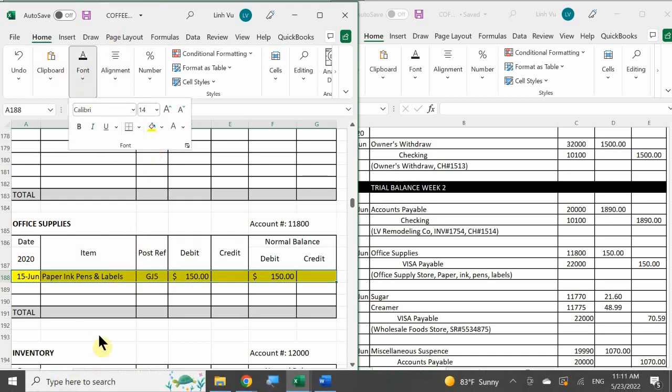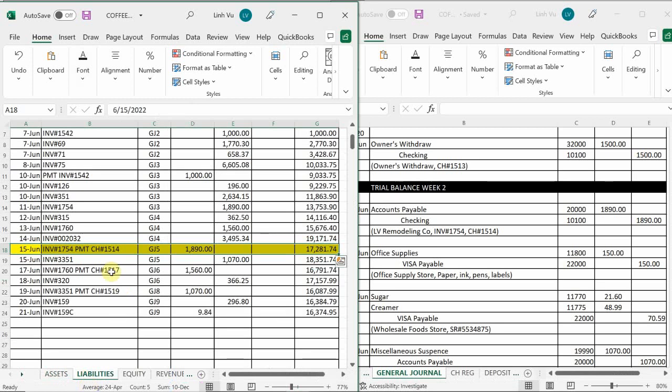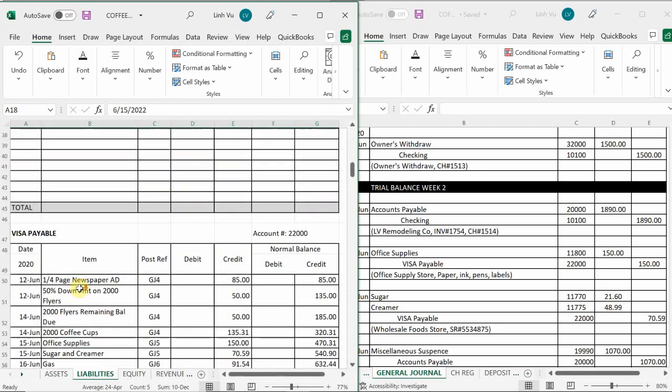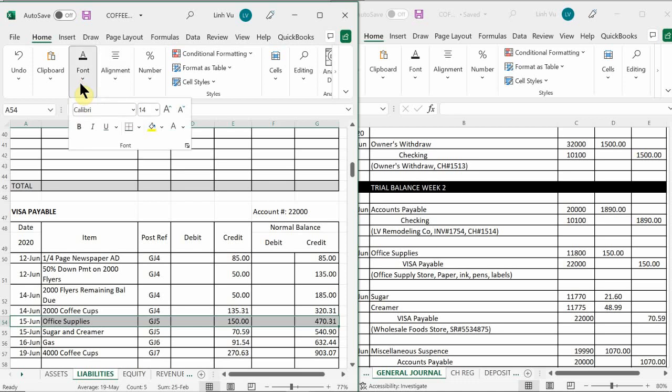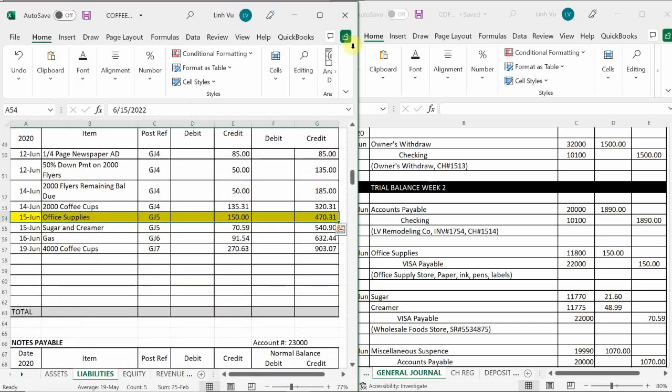And did I put it on my Visa credit card? Right here, office supplies. Yes, I did, and I did it correctly. I credited this account.